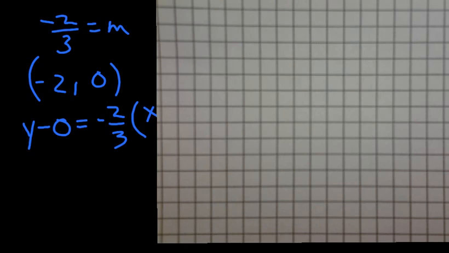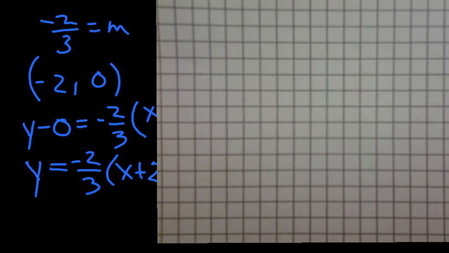When it's y minus 0, that's really just y, isn't it? So it's not really wrong to put y minus 0, but it's simpler just to put y, because y minus 0 doesn't change anything. So either way, and then you put your slope, and then x minus negative 2 is x plus 2.